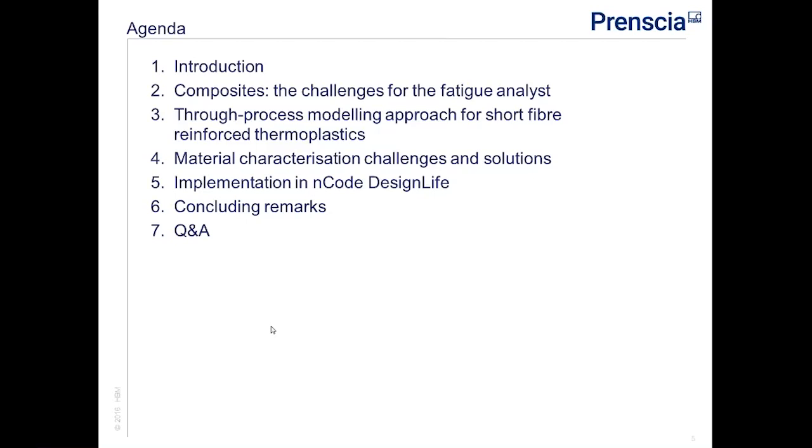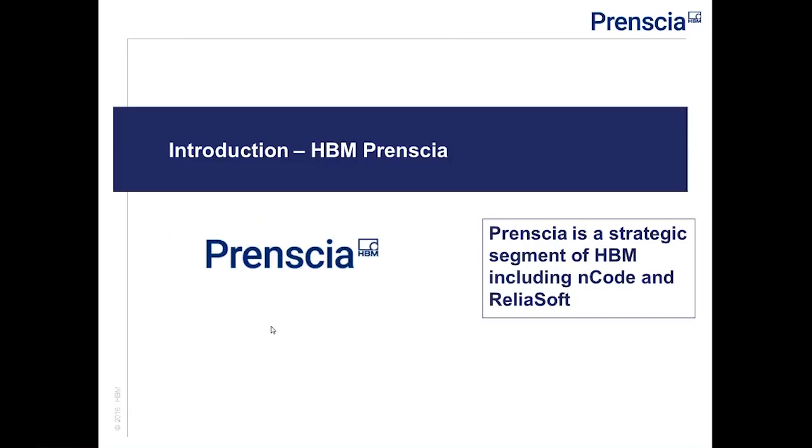So first of all, you may have noticed this word Prenscia appearing at the top of my slides. This is a new thing, and Prenscia is a strategic segment of HBM which has been created by bringing together nCode and ReliaSoft.